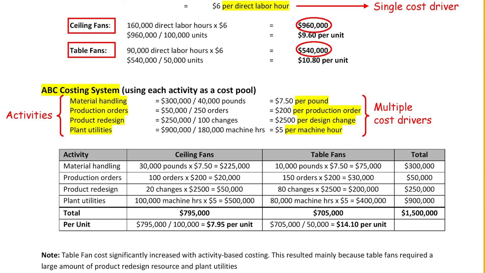So put a box around ceiling fan and circle $795,000. Put a box for table fans and circle $705,000. So under activity-based costing, the total overhead cost of $1.5 million is allocated between ceiling fans $795,000 and table fan $705,000.